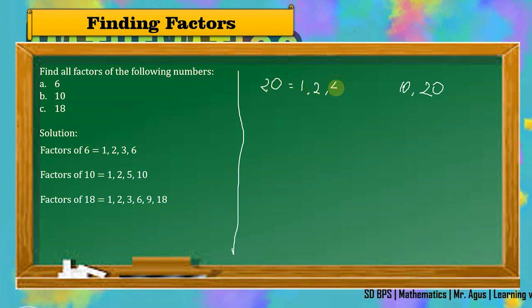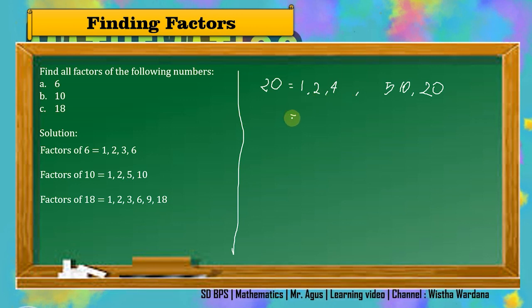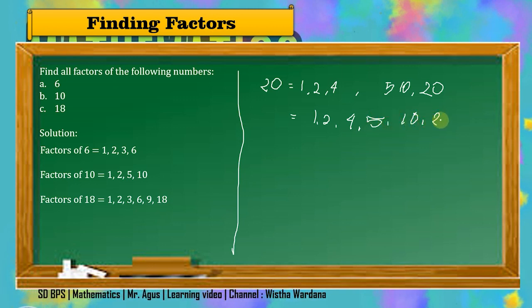Okay, so you can write 4 here, and 4 times 5 equals 20. And can you find any others? No? Okay. So 20 has 6 factors: 1, 2, 4, 5, 10, and 20.